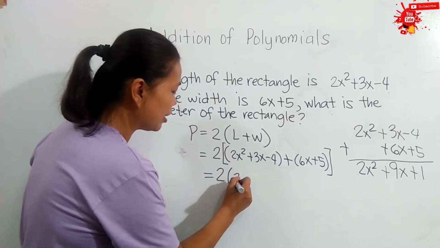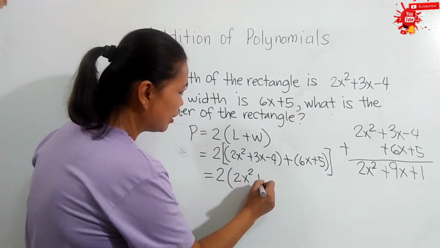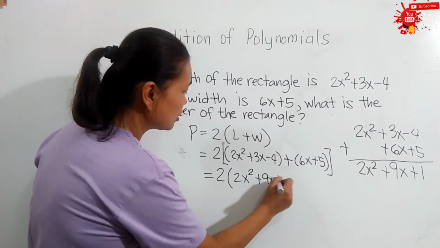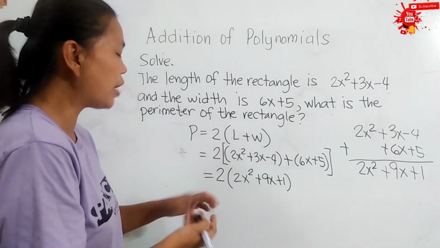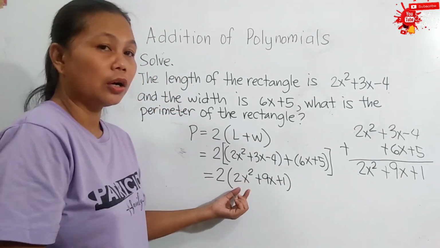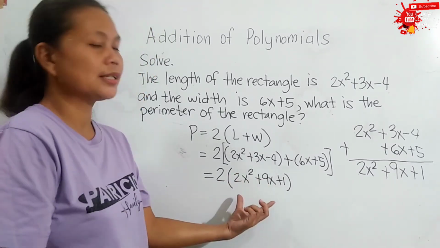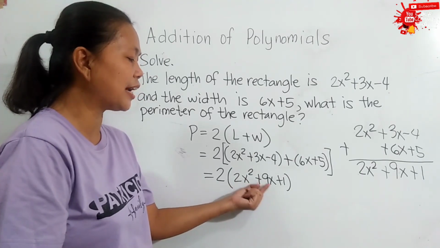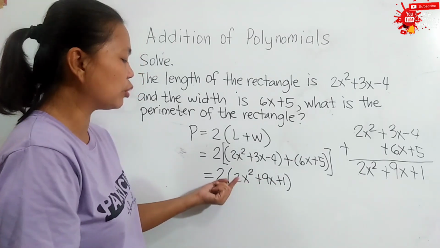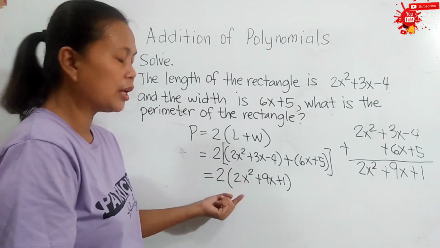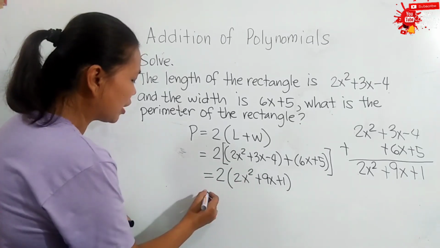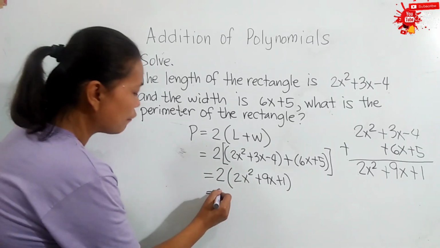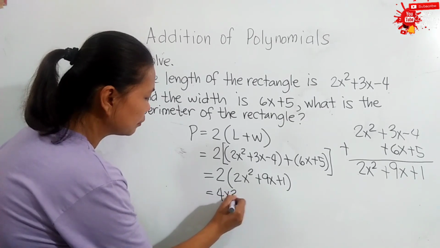So we have to write it here: 2x squared plus 9x plus 1. So we need to multiply it by 2 or make it twice. It means that we have to get twice of 2x squared plus 9x plus 1. Meaning we have to add 2x squared to itself. 2x squared plus 2x squared is 4x squared.